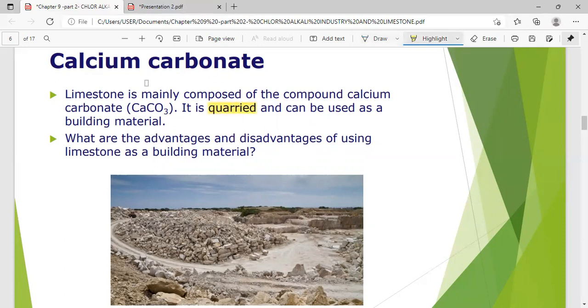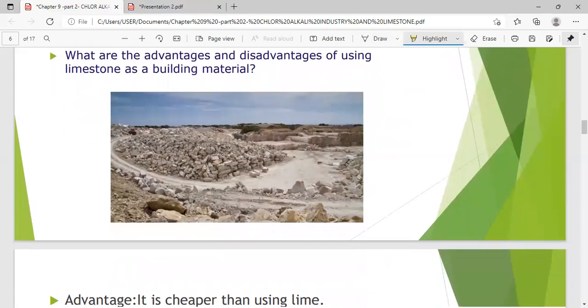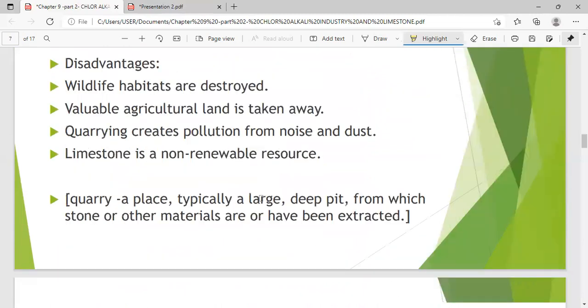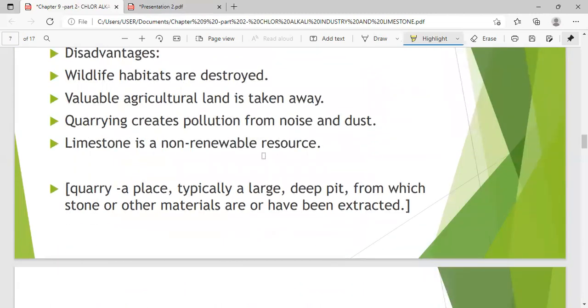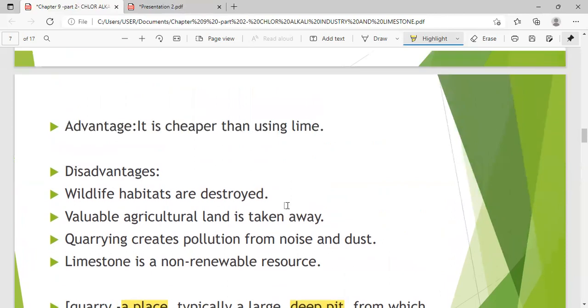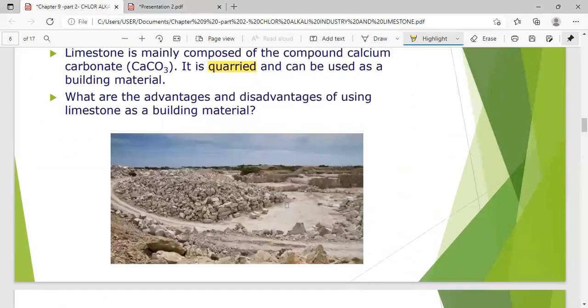Look at this picture here. That's a picture of a quarry. A quarry is a place, typically a large deep pit, a hole from which stone or other materials are extracted. In this picture, what you have is a limestone quarry.